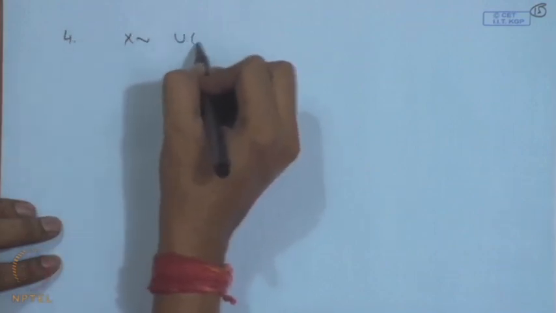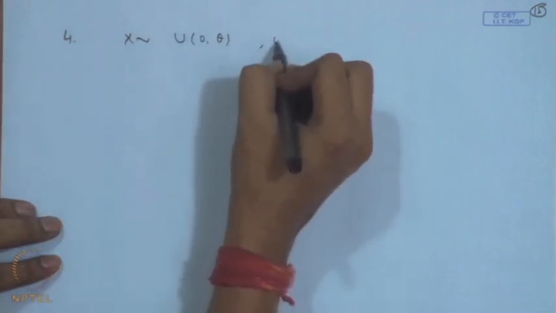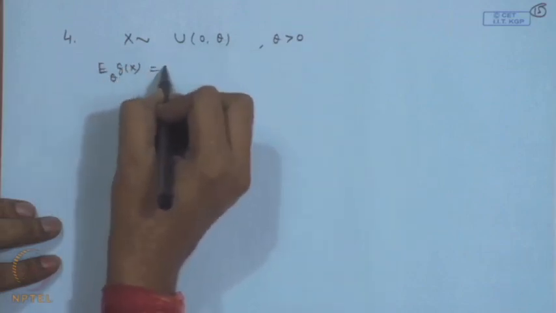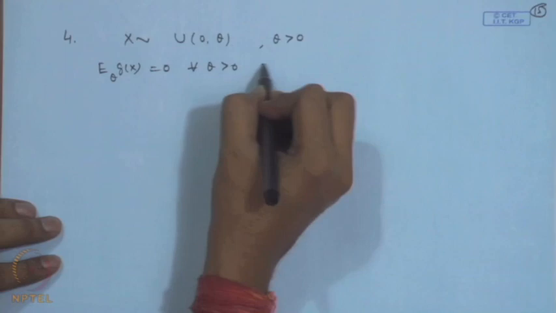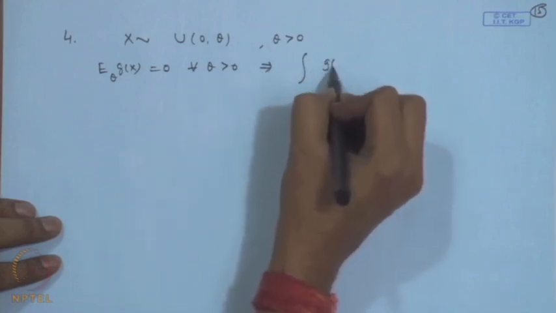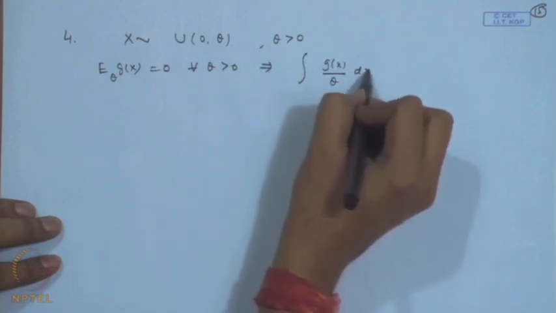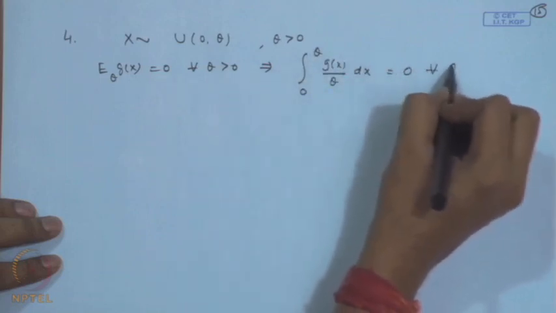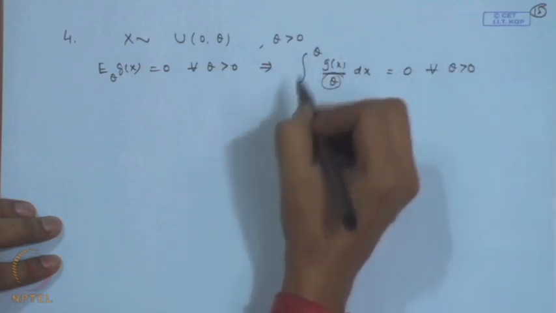Let us consider X following uniform(0, theta). Expectation of g(X) is equal to 0 for all theta. This is equivalent to the statement integral of g(x)/theta dx from 0 to theta is equal to 0. Now, this term I can adjust here.